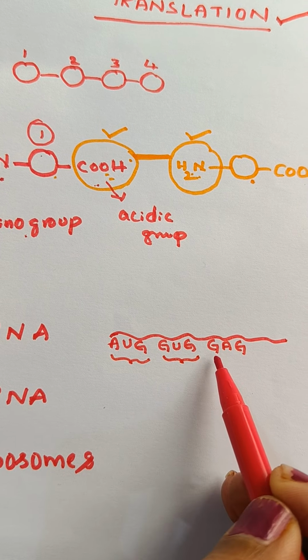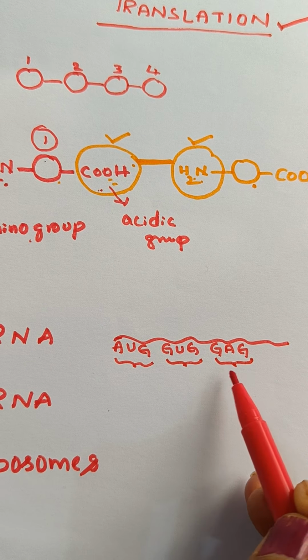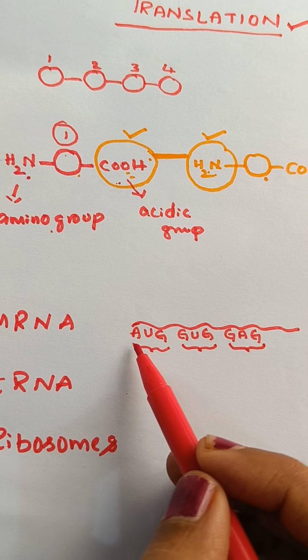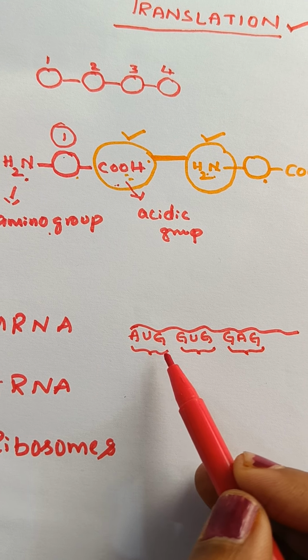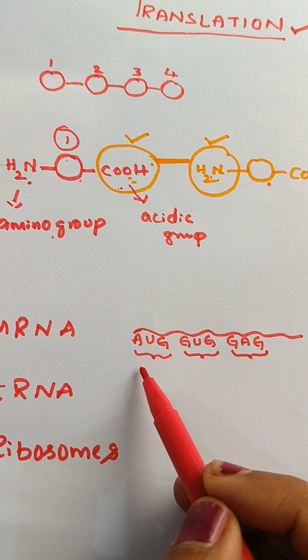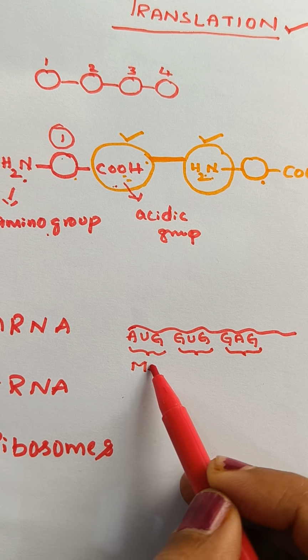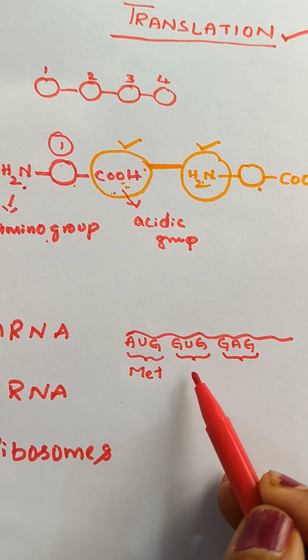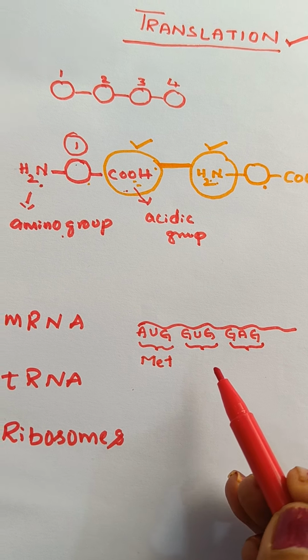Each of these triplet codons will specify a particular amino acid. For example, if there is AUG in the mRNA, it is going to code for methionine. Similarly, each codon specifies a particular amino acid.